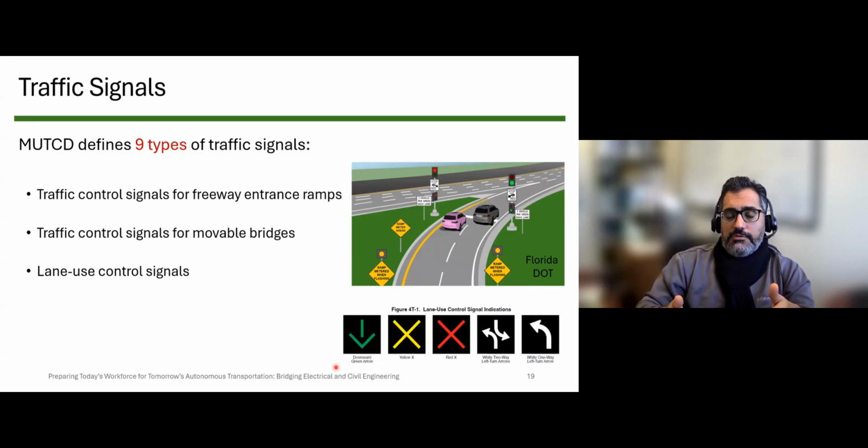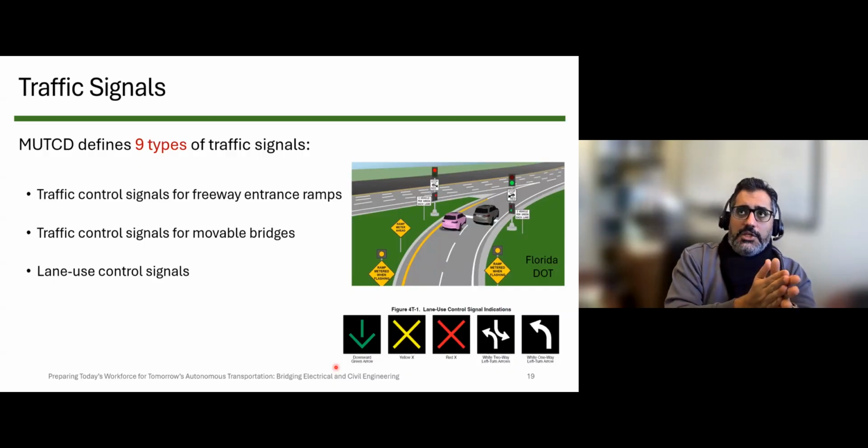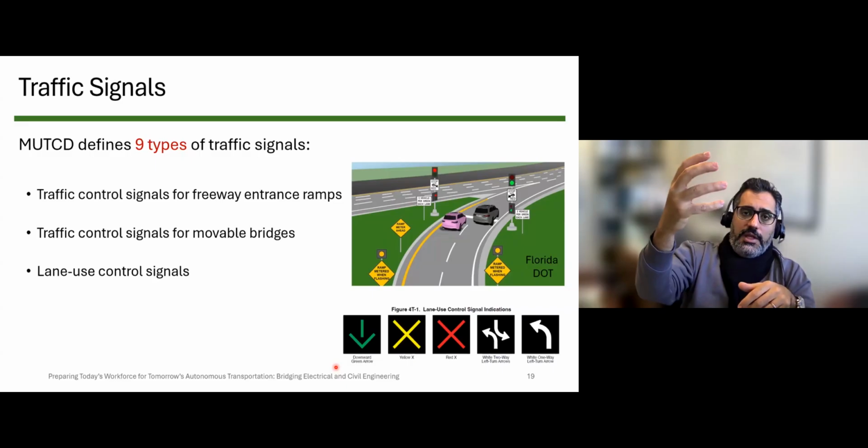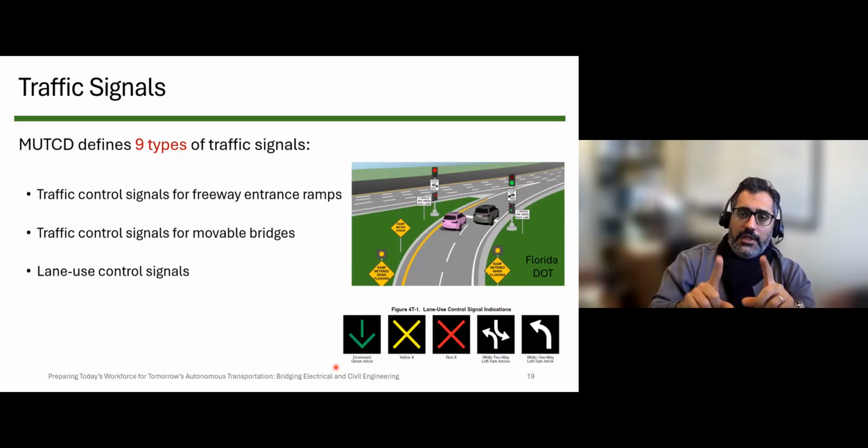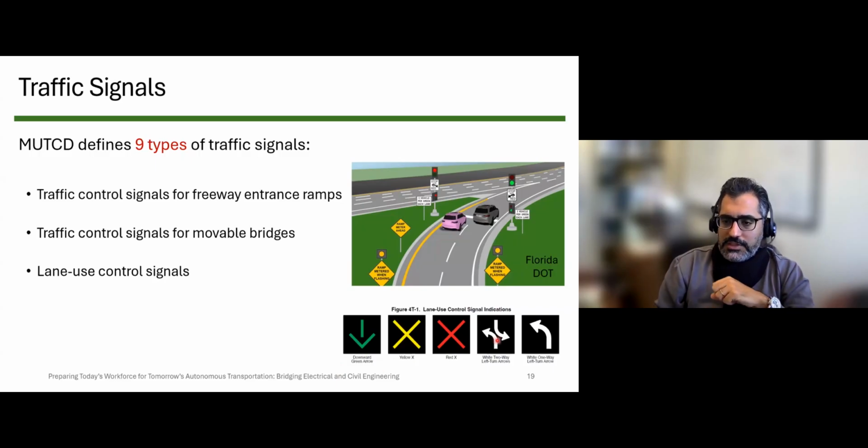Or if there is a lane that is directional, like imagine the traffic in the morning going mostly north and in the afternoon going south, and there is one lane in between where the direction changes over time. During the morning, it would be north. During the afternoon, it would be south. So we use these lane use control signals, as you can see here.